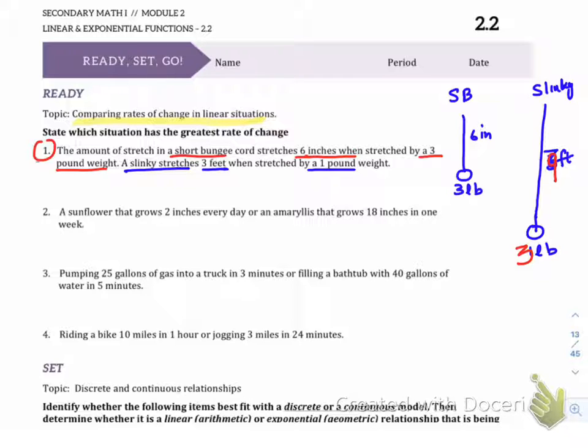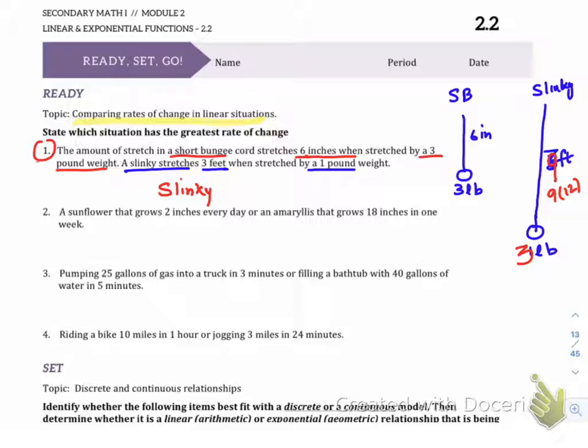One has 6 inches, and inches are already a smaller unit than feet, while 9 feet is 9 times 12 inches, and that's a lot. So which one has the greatest rate of change? We will say it is the slinky. You have to analyze it and understand how that works.